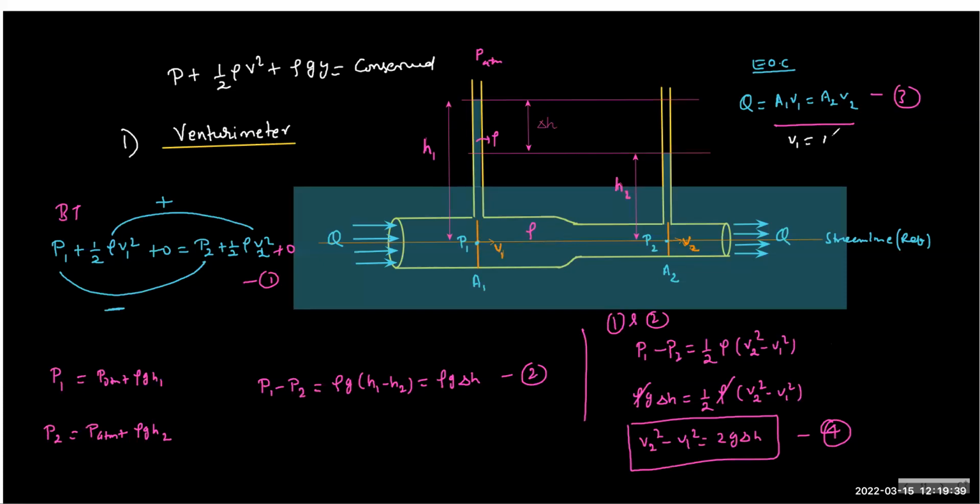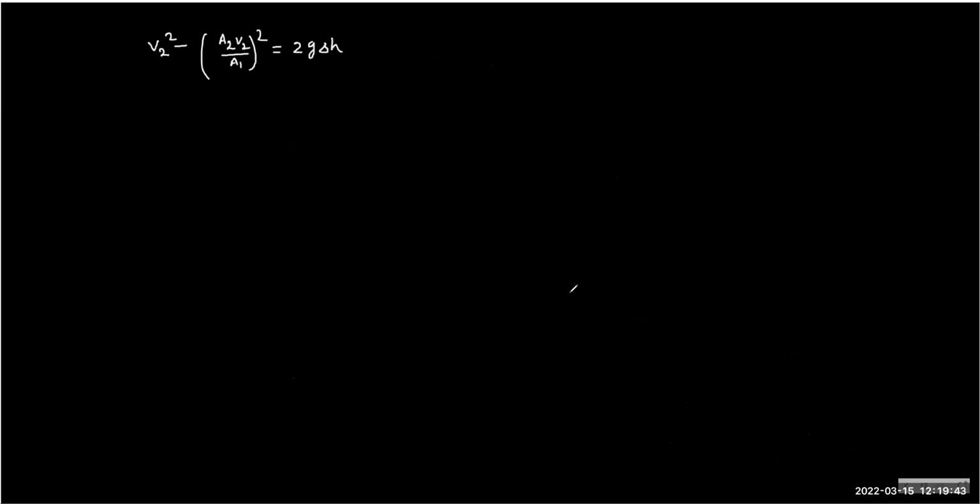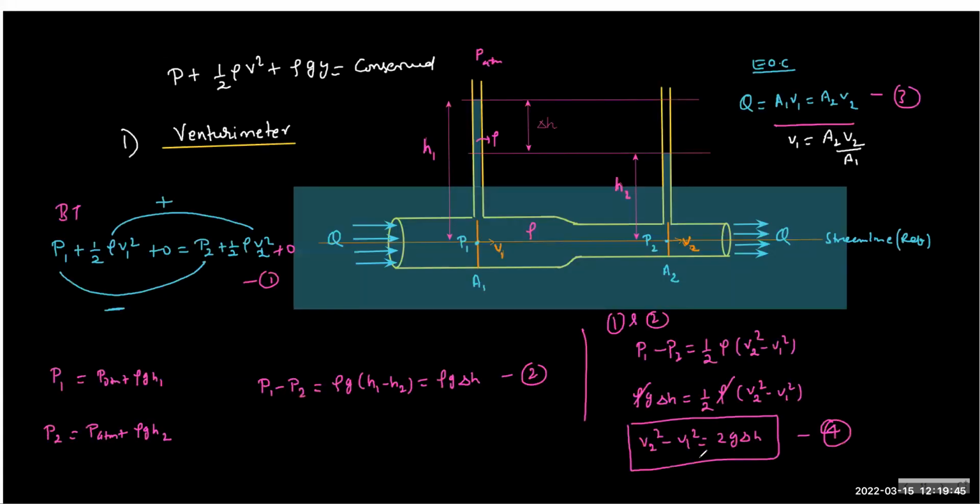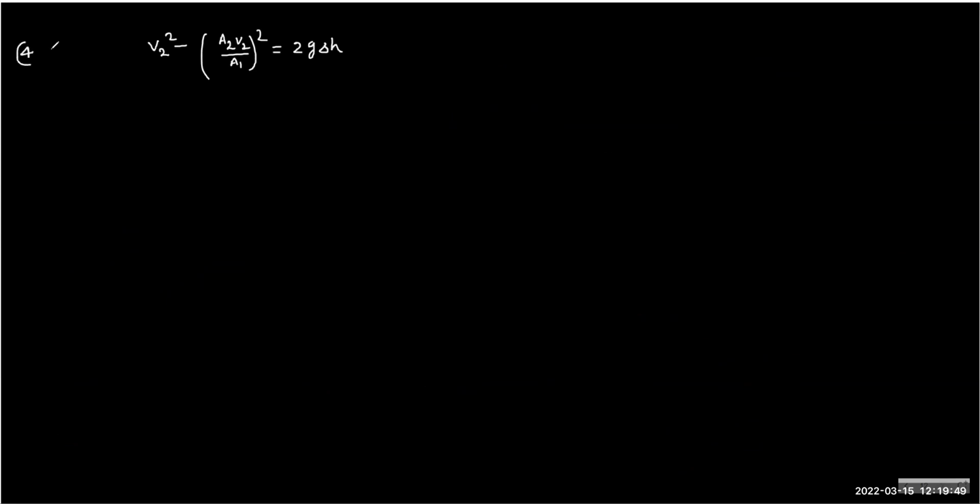V1 will be A2 V2 by A1, right? This is what I have written, and I have substituted here.